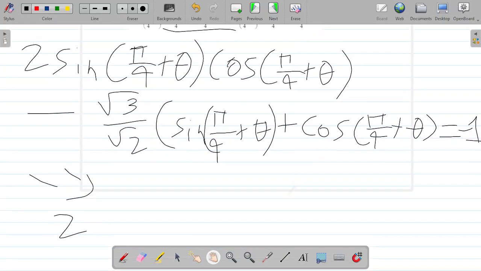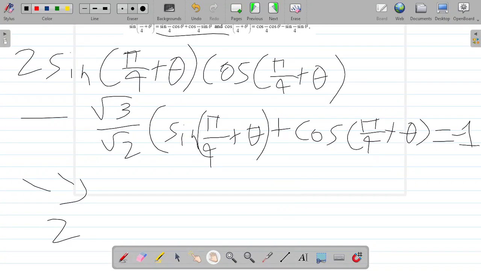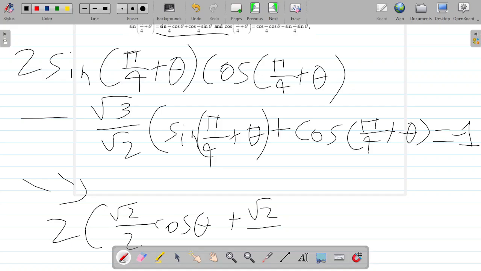Here they said it's sine pi over 4 cosine theta, so 2 bracket radical 2 over 2 cosine theta plus radical 2 over 2 sine theta.